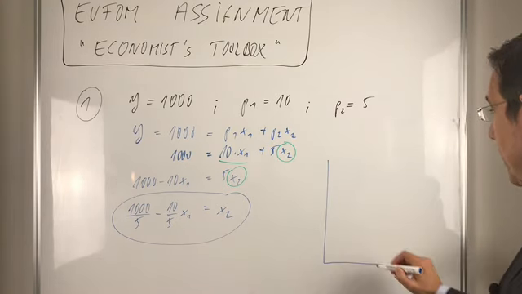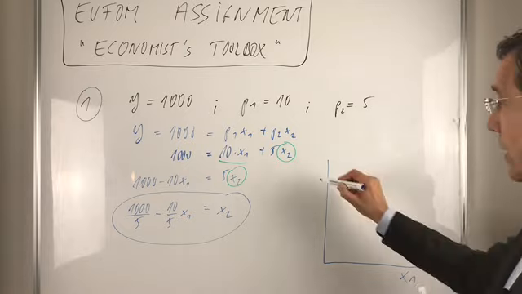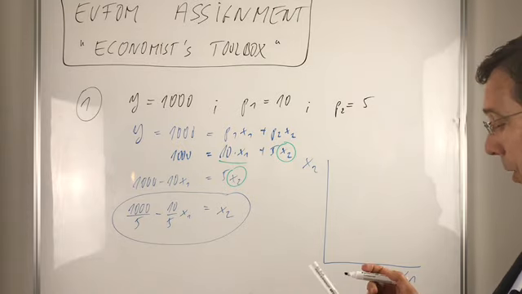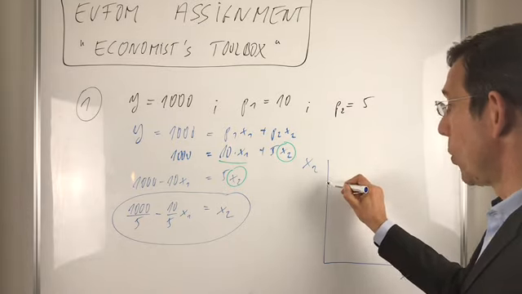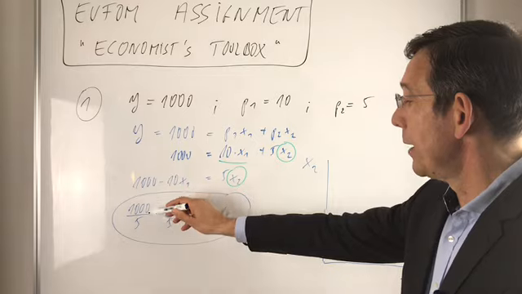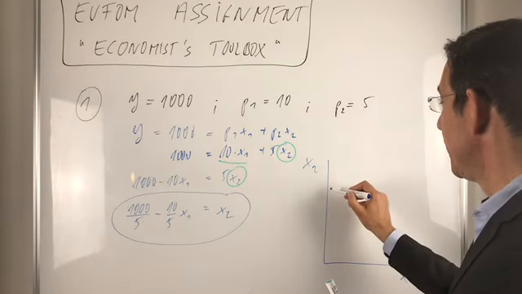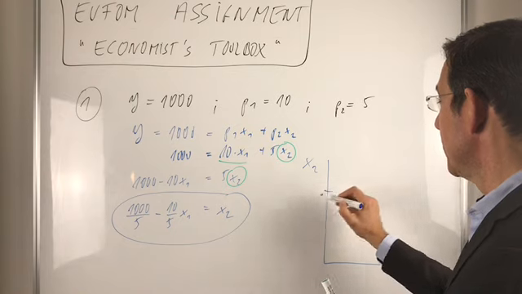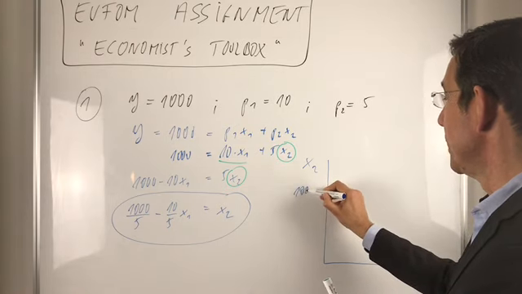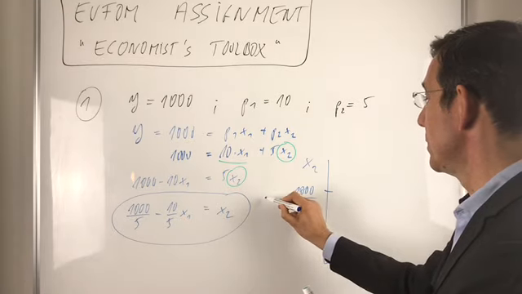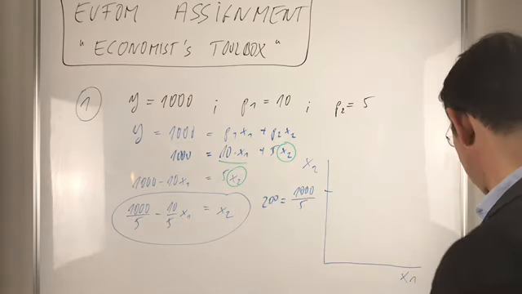It's x1 on the horizontal axis, it's x2 on the vertical axis, right? Where we start with y over p2. Y over P2 is 1,000 over 5, so this is 200.